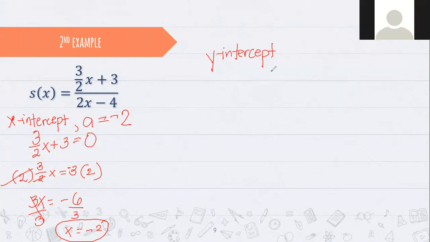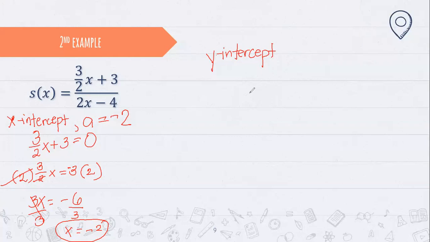Hello, sir. Okay, so paano kunin si Y-intercept? Sir, lahat ng X po isa-substitute sa 0 po. Paano kung walang 0 yung function?